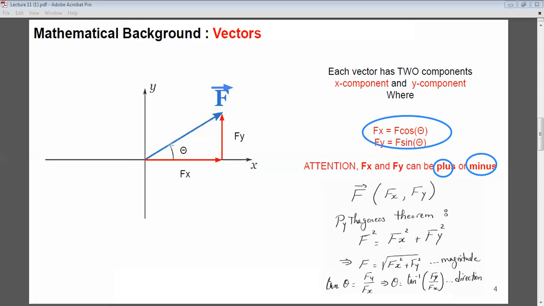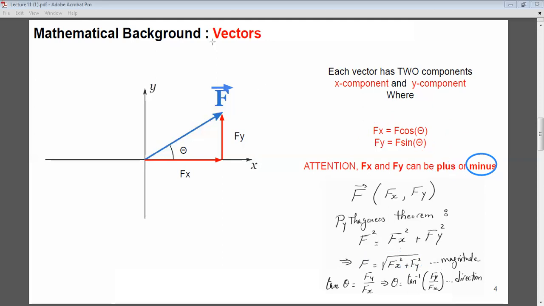If it asks for the direction, that is angle theta, tan theta is fy over fx, which implies theta equals tan inverse of fy over fx. Tan inverse means shift tan on the calculator.